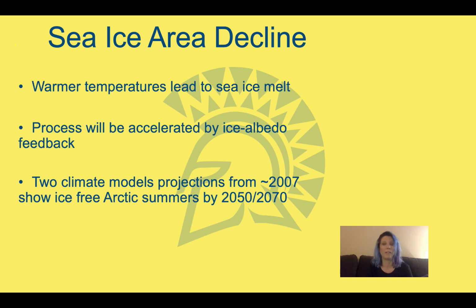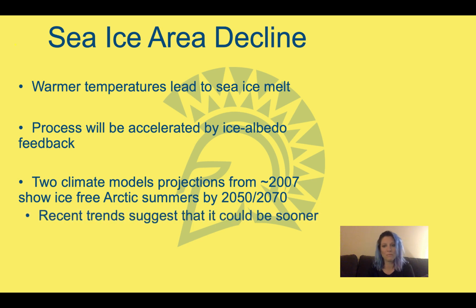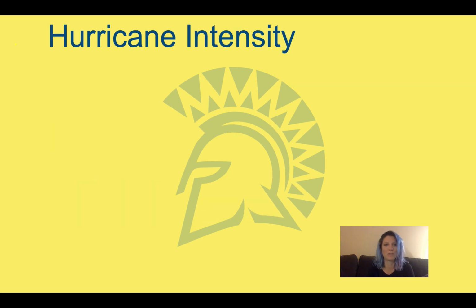If you're 20 years old right now, in 2050 you'll be 50. I guess I'm old. By the time you're 50, you could see ice-free Arctic summers. Let's hope not. And recent trends show that it could be sooner.